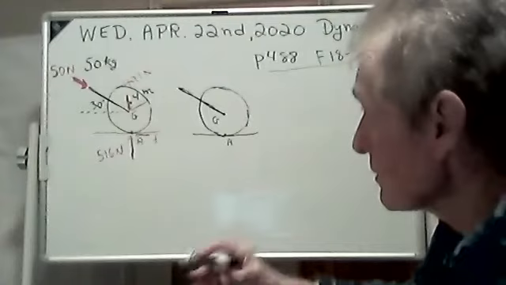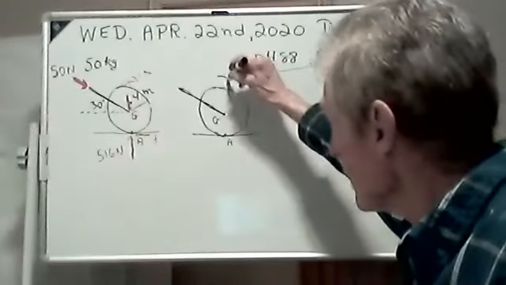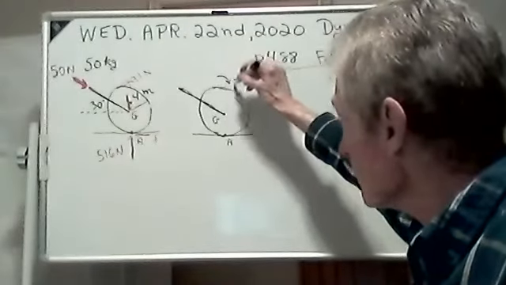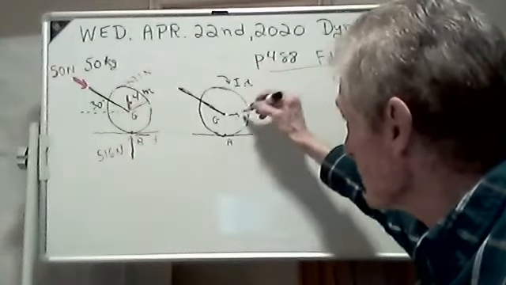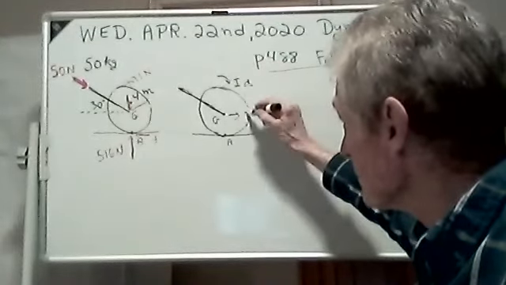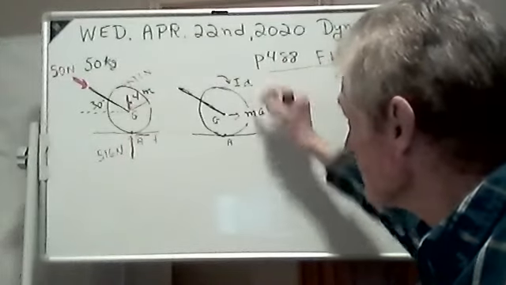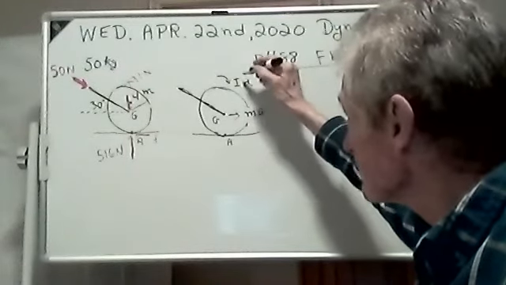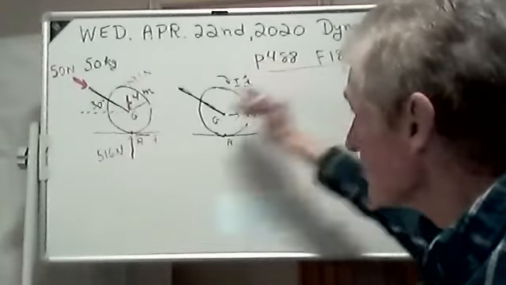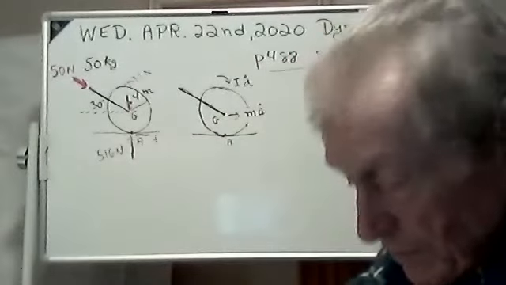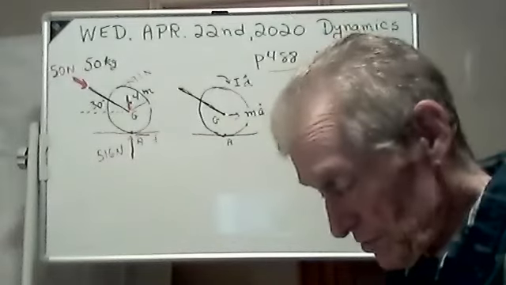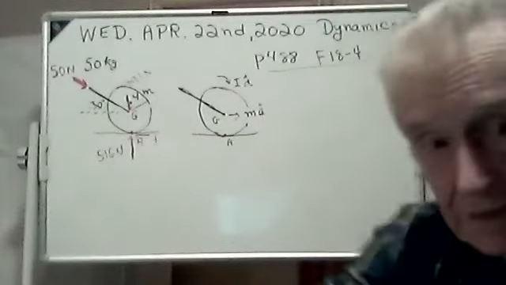Now on this wheel here, I think there's an I alpha going this way and an MA going that way. So there's your 2 diagrams. Do we have any question on those diagrams so far?